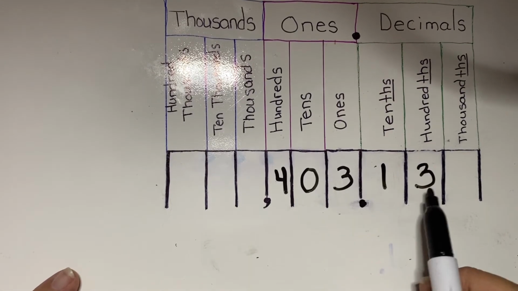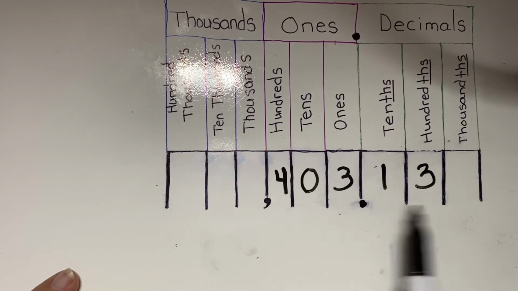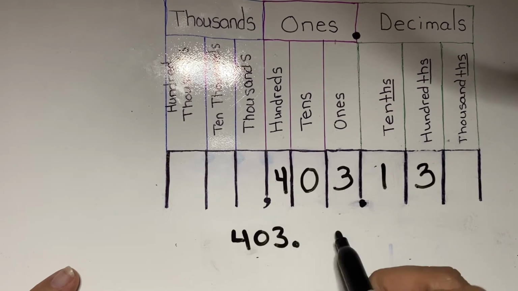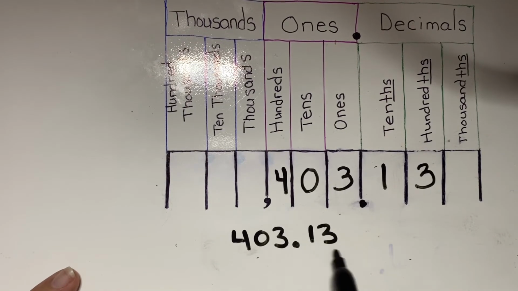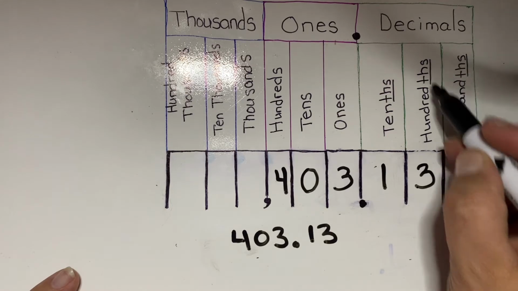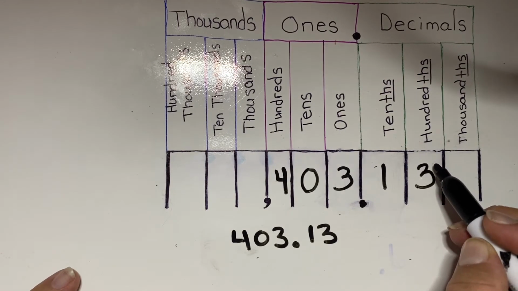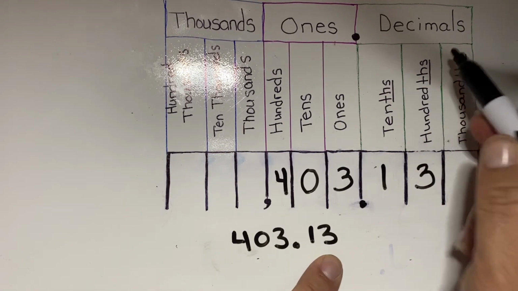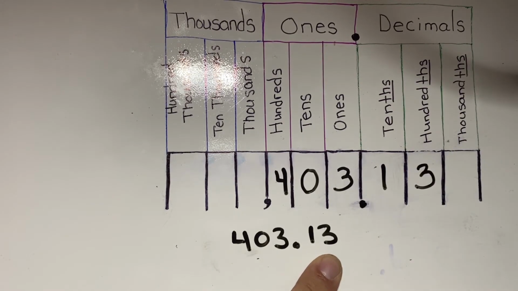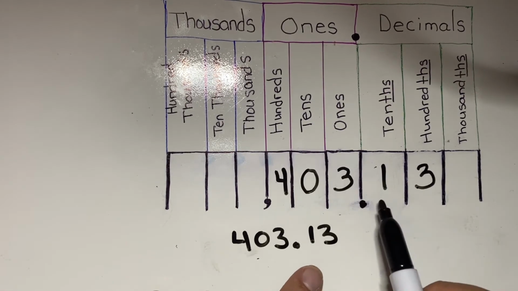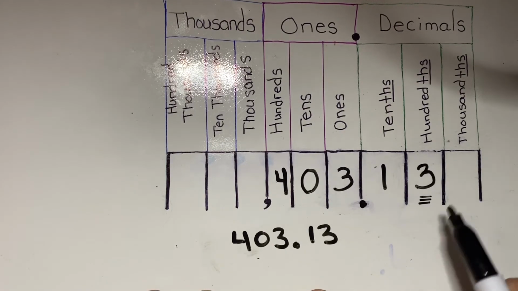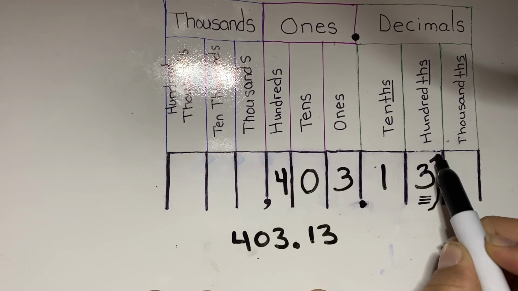So as a fraction, as a decimal, it's already here for me. 403 and 13 hundredths. We wouldn't say 403 and 1/10 and 3/100ths because that really means 13. But we would say 13, and this is the last digit in my number, so I look to see, okay, what place value is that?